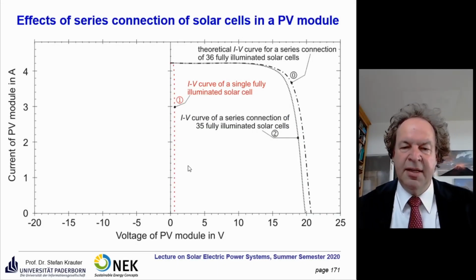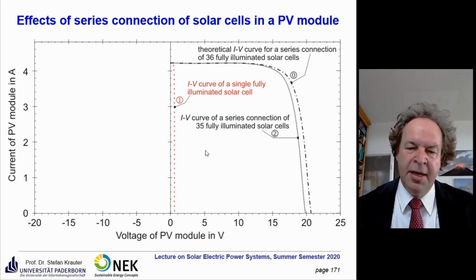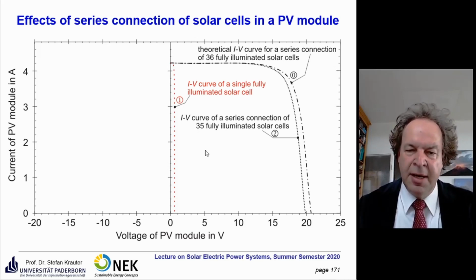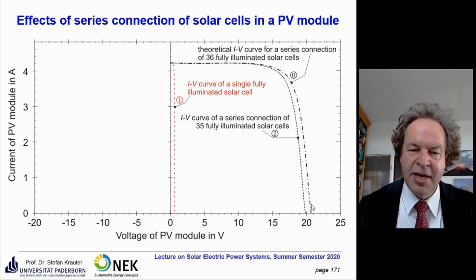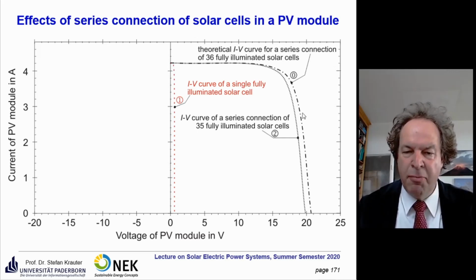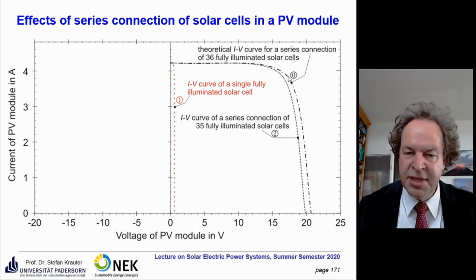Another effect, which I've already mentioned, is shadowing. I'll explain it here. As you already know, this is the interconnection of the different solar cells in series. So you have a module, and if it's fully illuminated, you have this IV curve, where this point is the maximum power point.